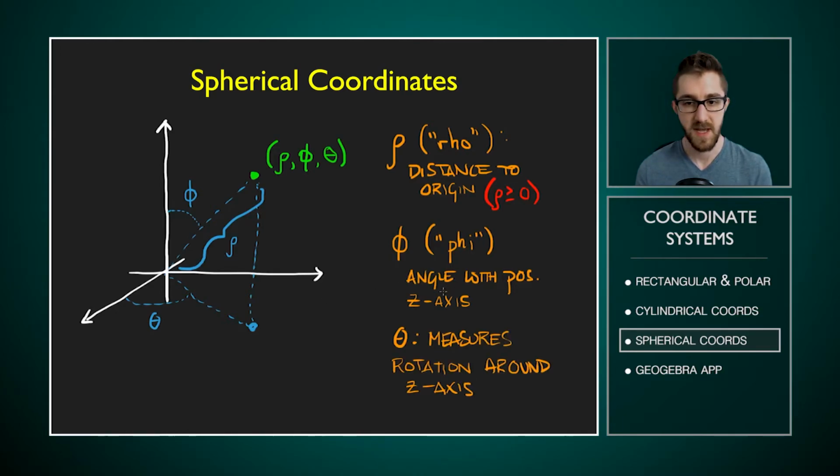Going back to phi for a second, it's important to note that the angle that we're measuring here is always the one with the positive z-axis. So in other words, if I have a point down here, and this point is below the xy plane, so I'll kind of indicate that by saying if we wanted to draw the projection onto the xy plane, we'd be drawing a line segment up. So this blue point is also on the xy plane, like this one.